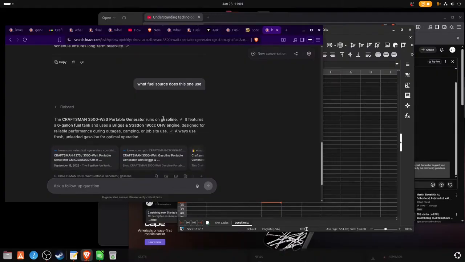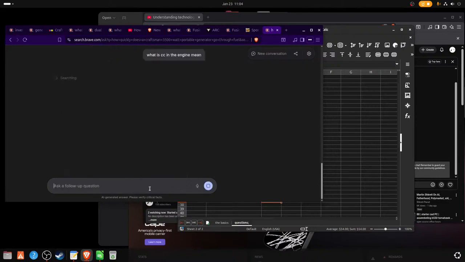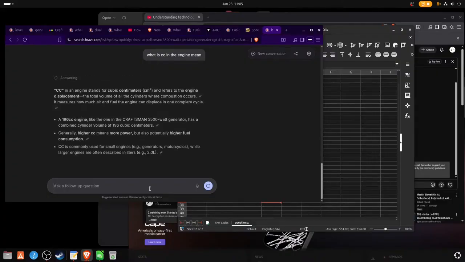There are motorcycles with 150 cc engines with, I think, top speeds of like 50 miles per hour. I'm just looking for some sort of technological comparison. I think cc's is cubic centimeters. What is cc in an engine? Yeah, cubic centimeters. So it's basically how big the combustion chamber is.